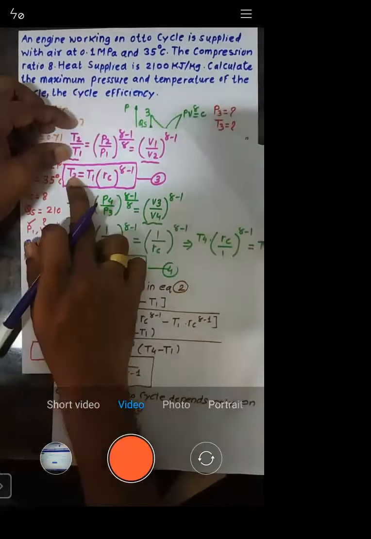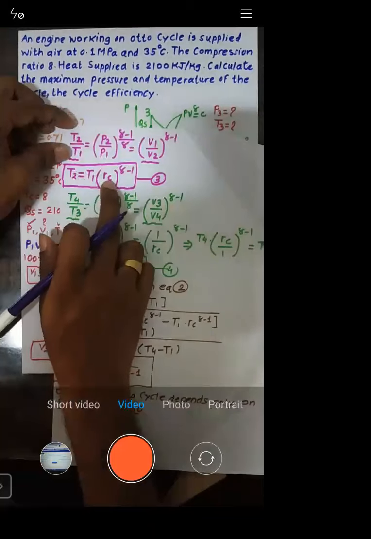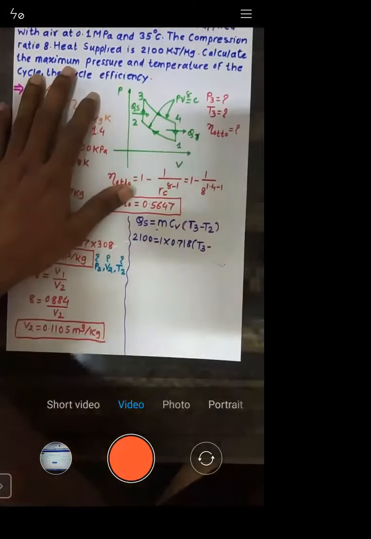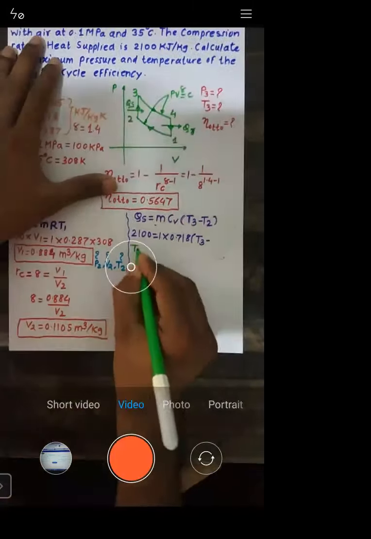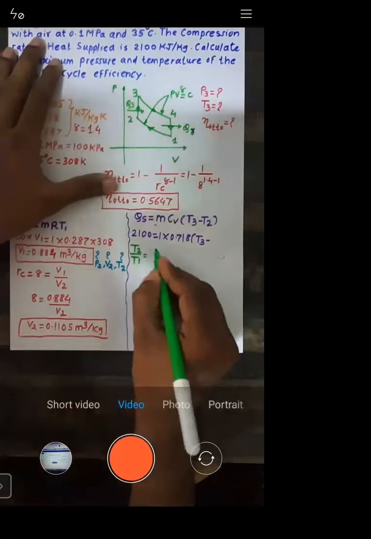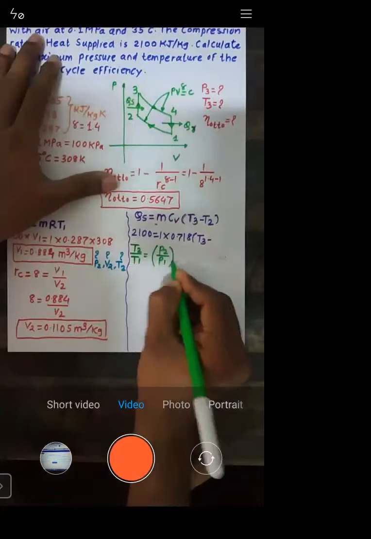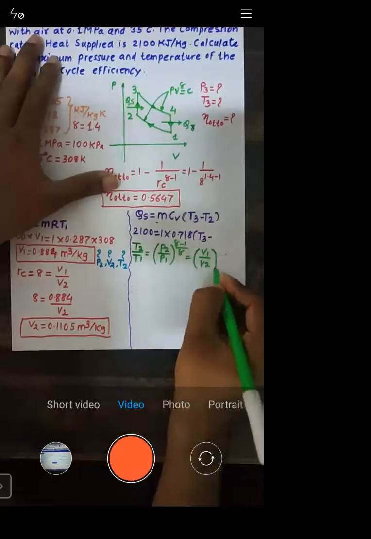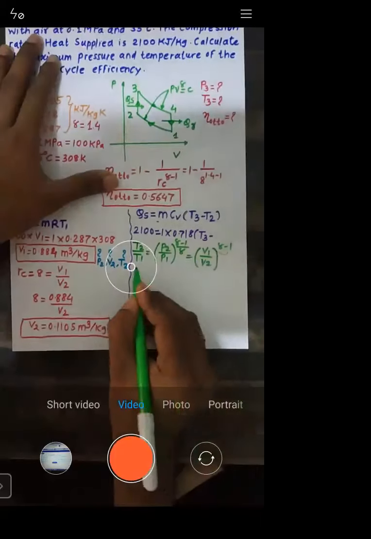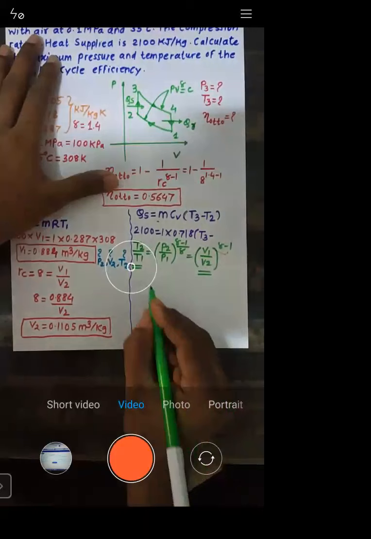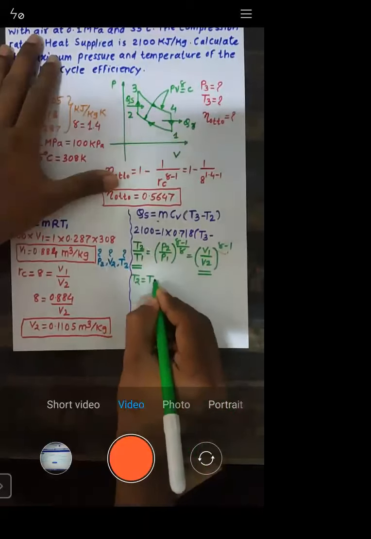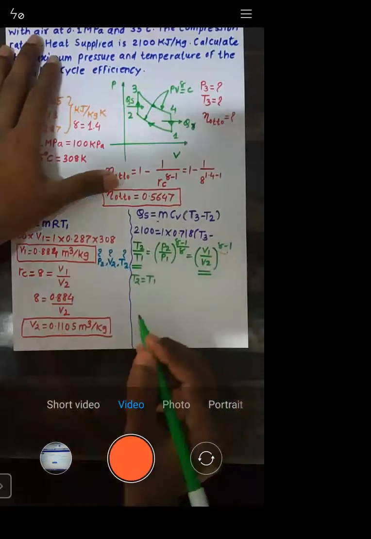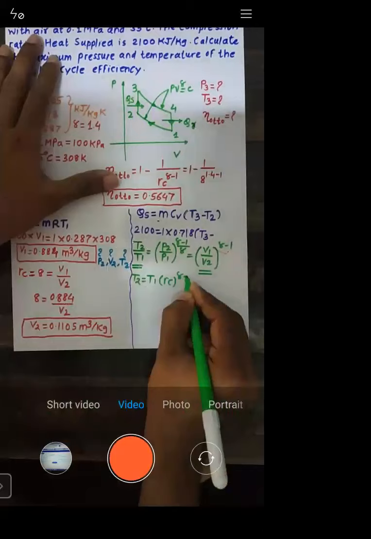Let us equate these two. So T2 is given by T1 into V1 by V2, and V1 by V2 is RC, so T2 is T1 into RC raised to power gamma minus 1.